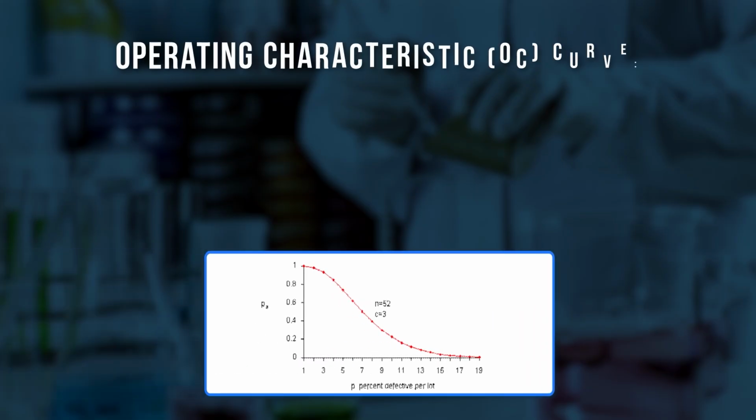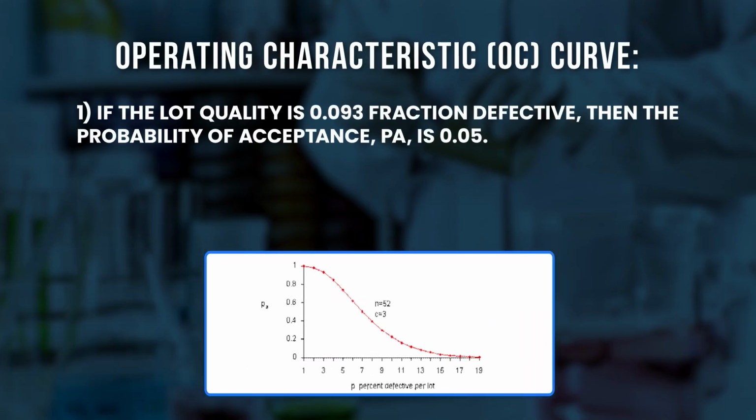We can interpret the curve in this way. Suppose the lot quality has 0.093 fraction defective, that means 9.3% defects are there in the product, then the probability of its acceptance is 0.05, that means only 5% of cases it will be accepted.